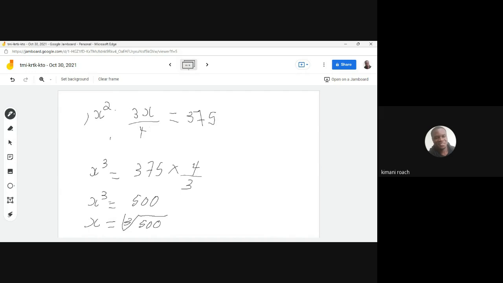So we will indeed have a value for x. X is going to be equal to the cube root of 500. That's 7.9. So x is 7.9 centimeters.